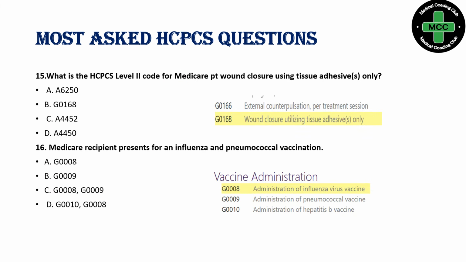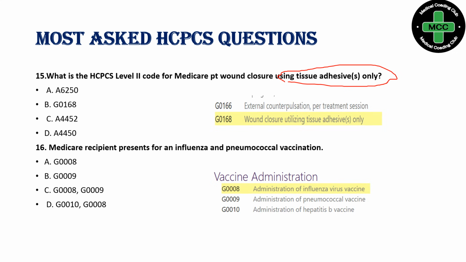Next question, what is the HCPCS level 2 code for a Medicare patient wound closure using tissue adhesive only? Tissue adhesive only being used. Normally, if you code a laceration repair closed with only adhesive, we don't code any integumentary codes.